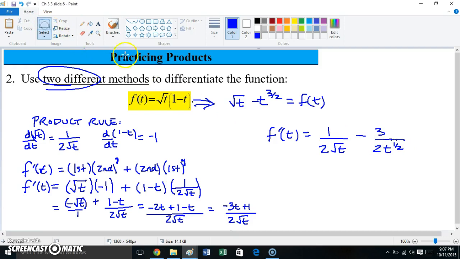Sorry, I did that in the wrong spot. T to the 1 half. All right, and if we get a common denominator, we're going to put a factor of square root of t here, so it's 1 minus 3t over 2 square root of t. Done.